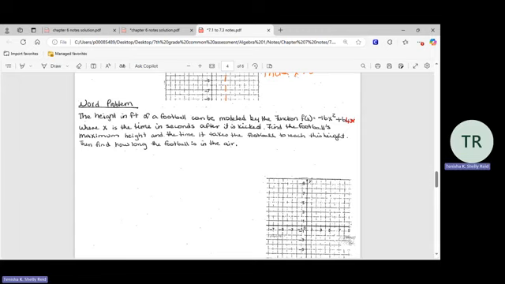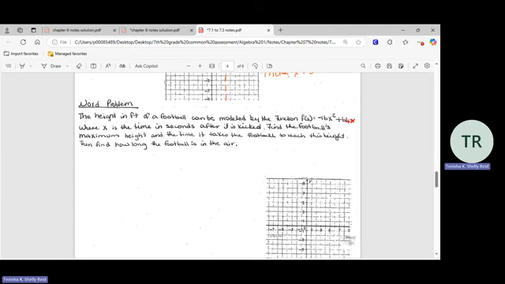So they gave me an equation where x is the time in seconds after it is kicked. Find the football's maximum height and the time it takes the football to reach this height. Then find out how long the football is in the air.